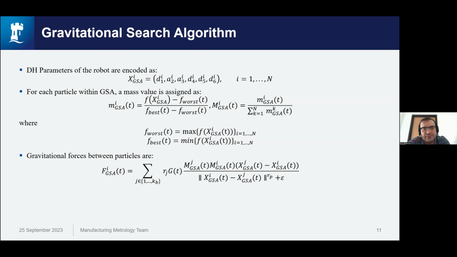Gravitational search algorithm is basically based on the interaction between masses. A mass with a better cost function is given a bigger mass value.